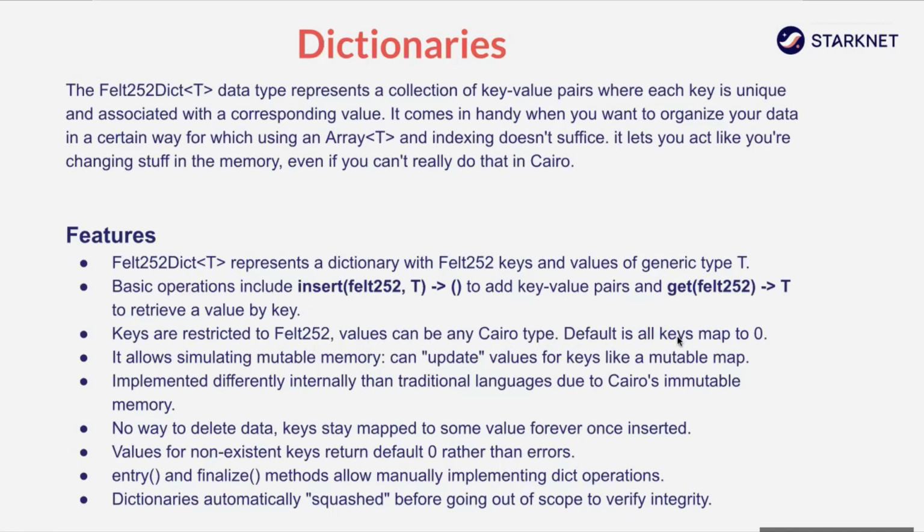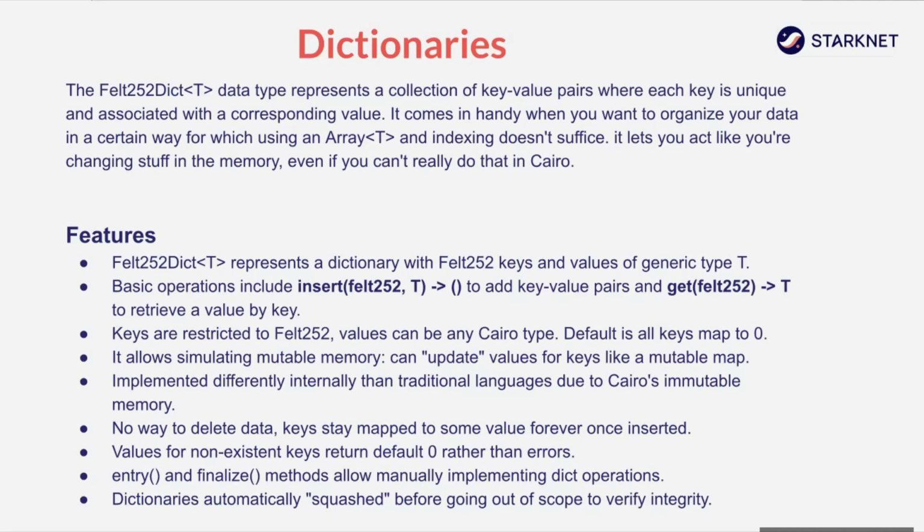Default is all keys mapped to 0. So in a case where you already declared your dictionary, and you pass in a key that does not exist, it is going to return a value of 0 to you.